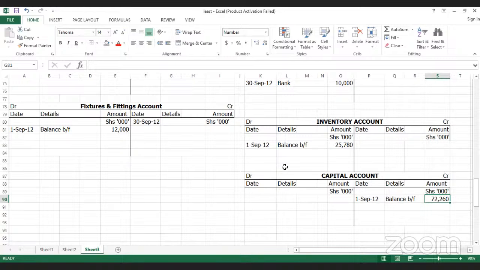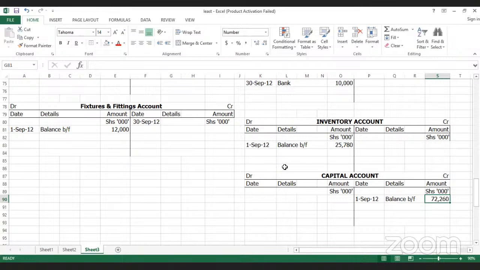Now, when it comes to balancing off an account, what do we do? We have to add both sides of the account. Remember, an account has a debit and a credit side. So we have to add both sides to find out their totals.